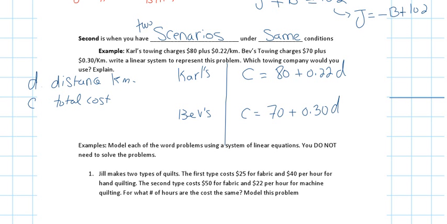Now, in a regular scenario, if you call me and ask how much it's going to cost to rent a truck, what am I going to say to you? It's going to cost you $20 plus 50 cents per kilometer. Now, it's your job to do the math, which means it's $20 plus 0.5 times how many kilometers you're going to drive, times D. This is a similar scenario.